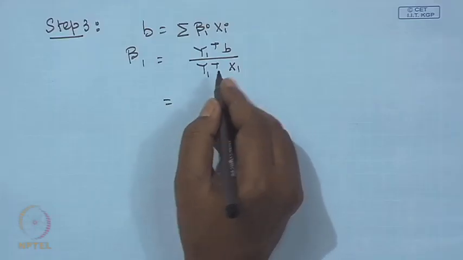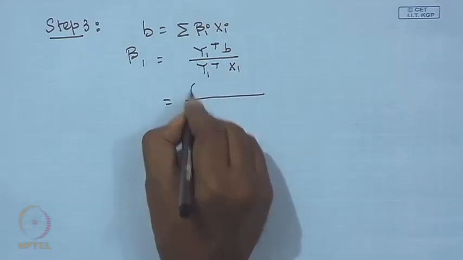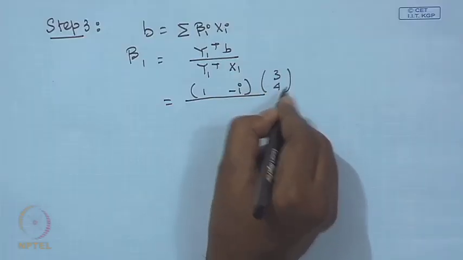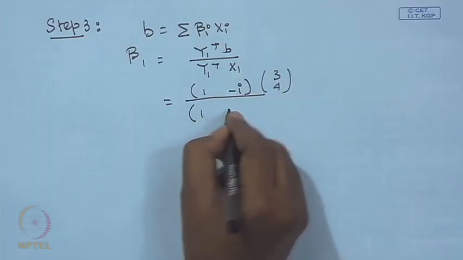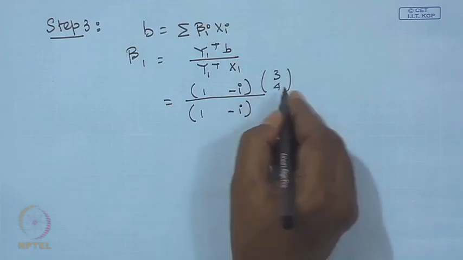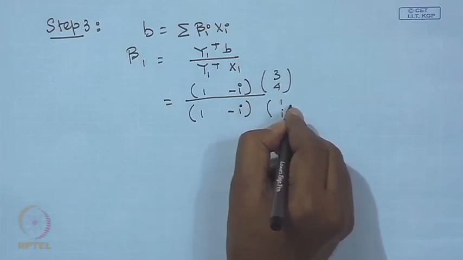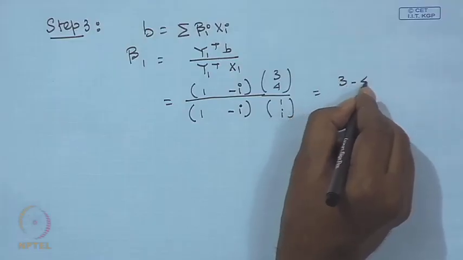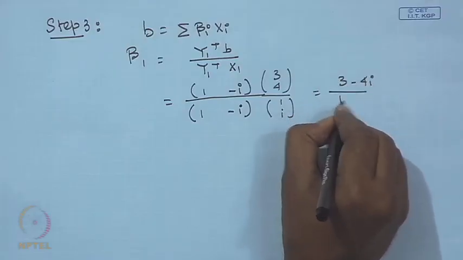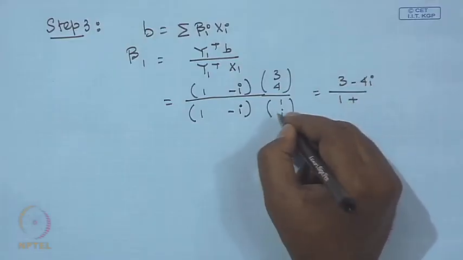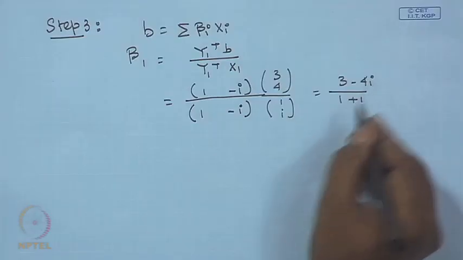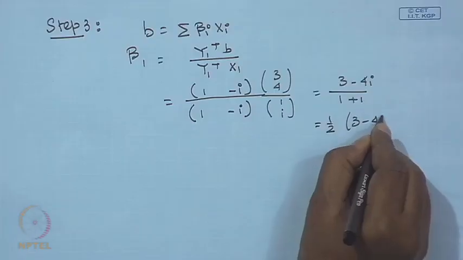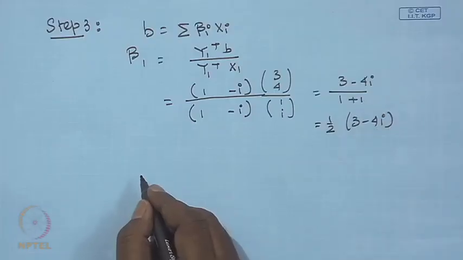So, this becomes 1 minus I, and B is nothing but 3 4 1 minus I, and x 1 is nothing but 1 I. So, you will be having 3 minus 4 I divided by 1 plus I square, which is minus plus 1. So, it becomes 1 by 2 times 3 minus 4 I. So, that is beta 1.